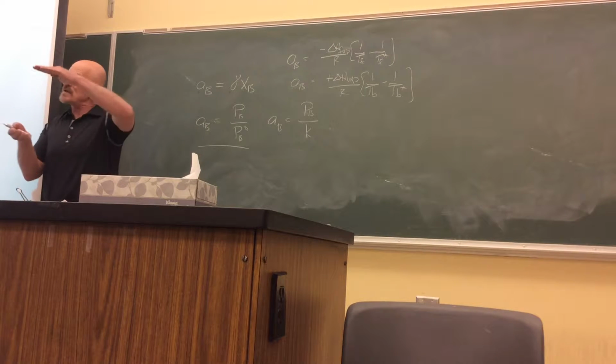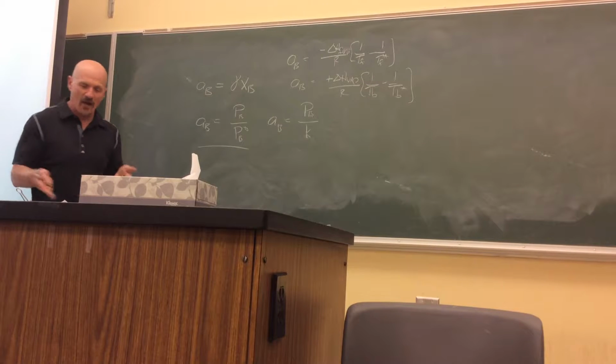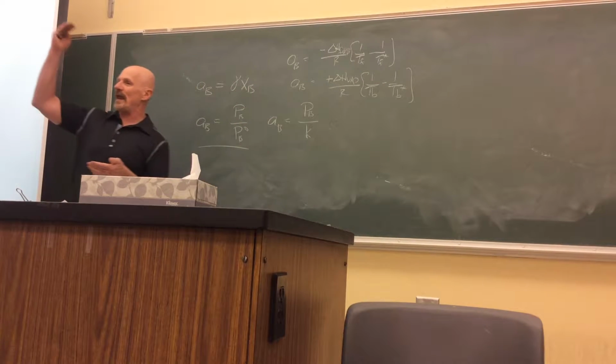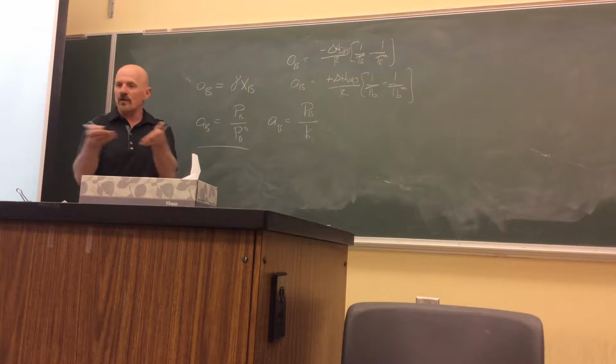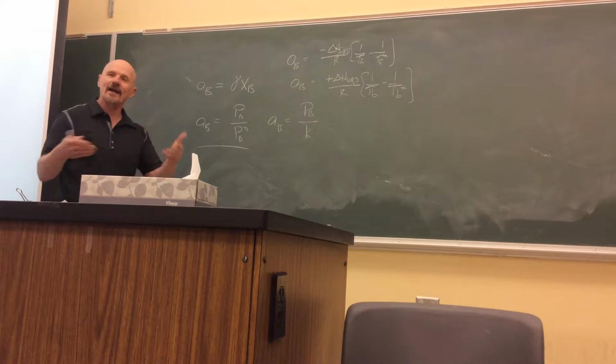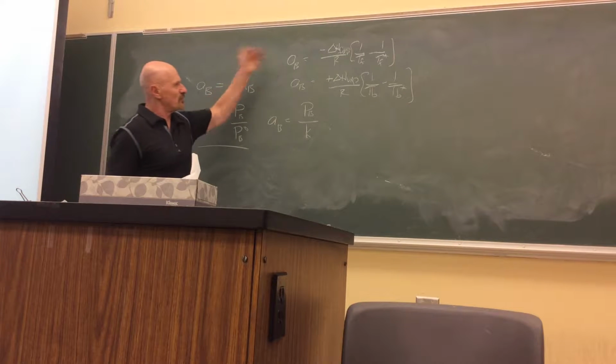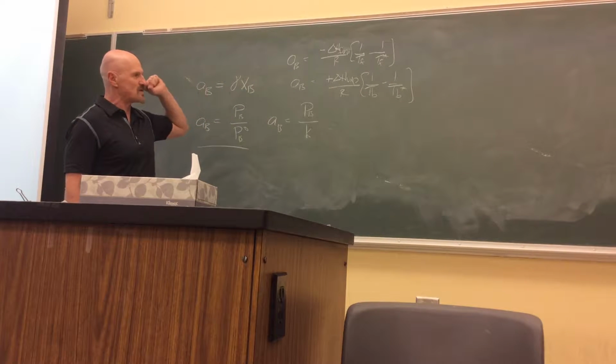One was measuring the freezing point depression. Then we can also measure the boiling point elevation. So if I put salt water together and measure when it freezes, I can get information about the non-ideality of the salt water, and for the boiling point the same way.